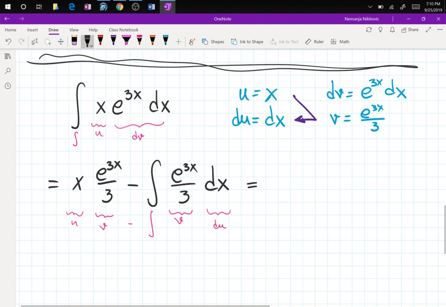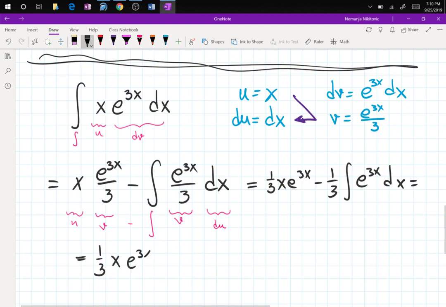So now what happens? Well, we have our 1/3 x e to the 3x minus 1/3 the integral of e to the 3x dx. So all I need to do is to integrate that piece. So I have 1/3 x e to the 3x minus 1/3 times e to the 3x over 3, right?